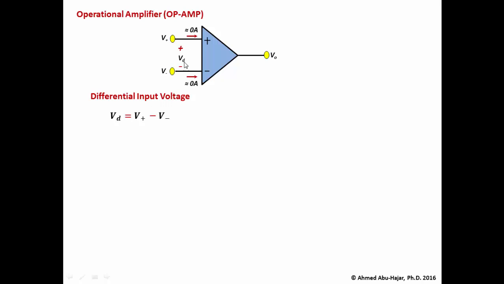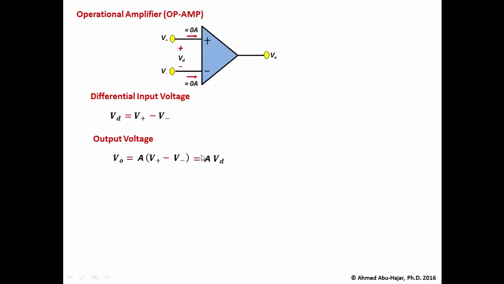So what that means is the differential input voltage is basically the voltage difference between the positive leg and the negative leg. So the voltage difference between the non-inverting input and the inverting input is called the differential input voltage.